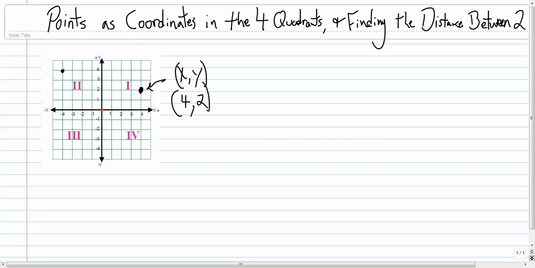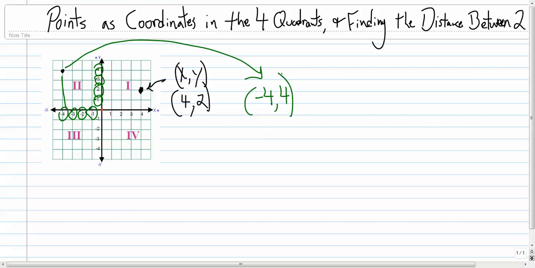Hopefully no biggie there. And this point over here, let's see, its x coordinate is -1, -2, -3, -4. So it's -4. And then its y coordinate is 1, 2, 3, 4. So (-4, 4). Okay?